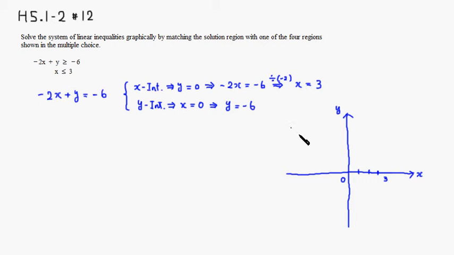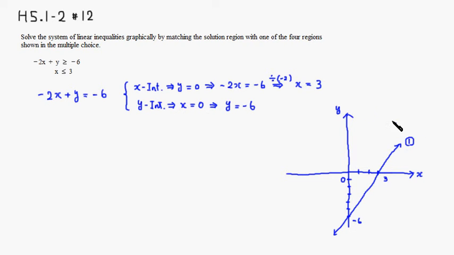Then the y-intercept is negative 6, so it's 1, 2, 3, 4, 5, 6, so that's negative 6 right there. We have to go through those 2 points, and I try my best to draw a straight line through those intercepts. So that will be our first borderline.